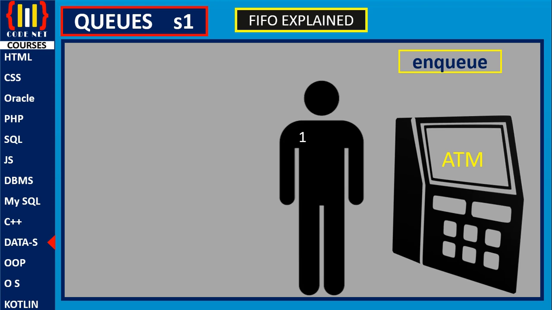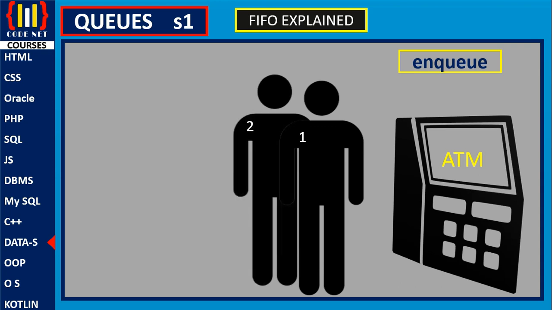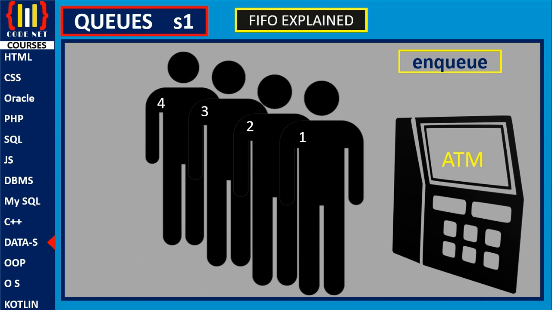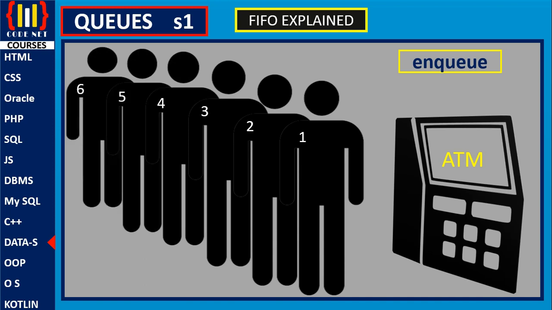So we have someone who came in first. He has been given the ID number 1. Then we have a second person that arrived second, who has been given the ID number 2. Then we had the third person. Then this is a queue, you can tell. Then we have the fourth person, the fifth, and the sixth one.